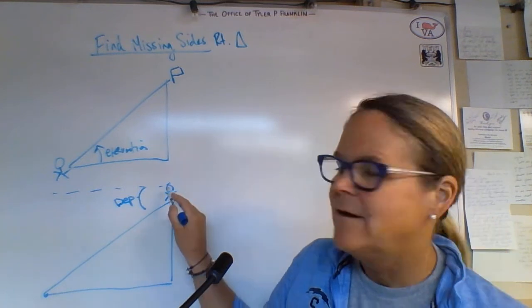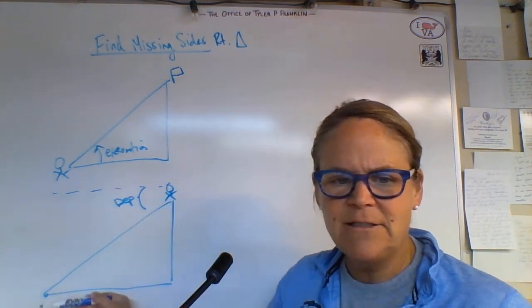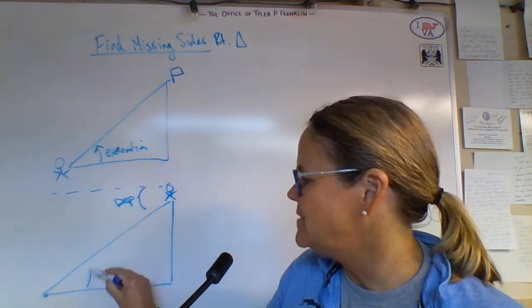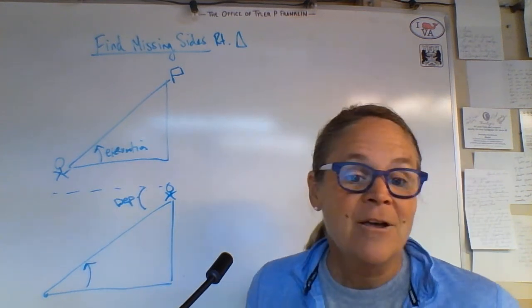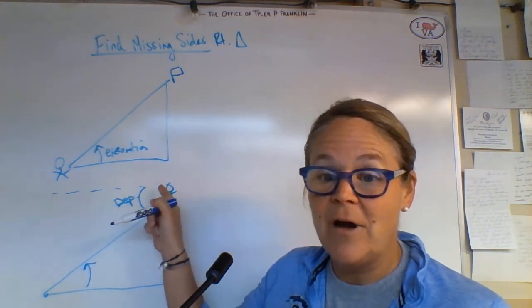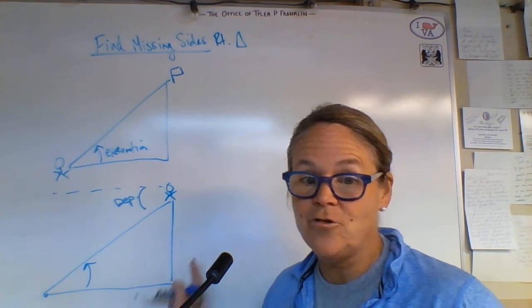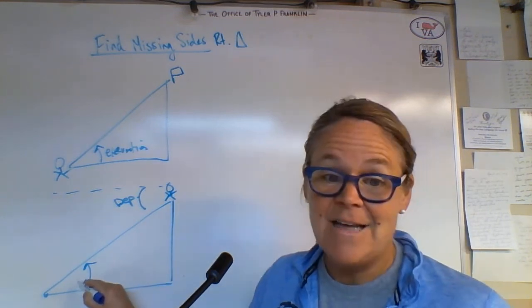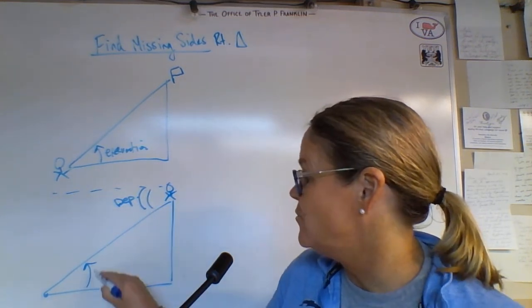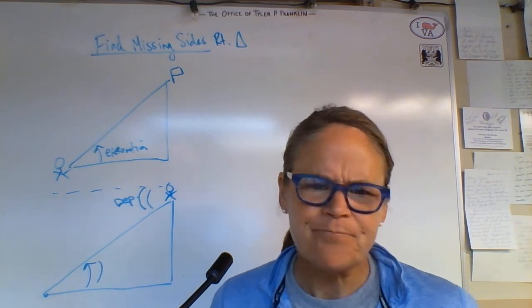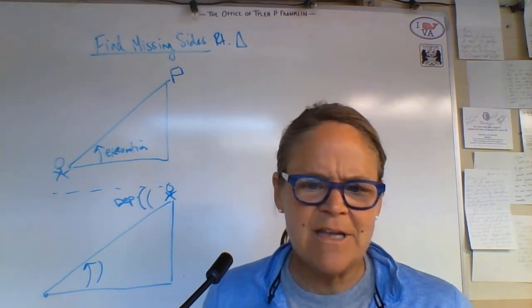But you know about parallel lines and alternate interior angles. So actually the angle of depression, if you draw your triangle like this, is down here, because these two are the same. So you do the problem the same way.